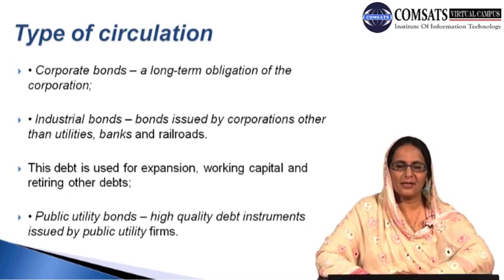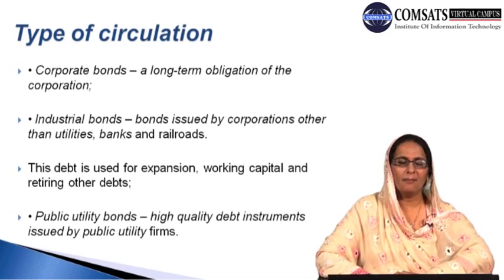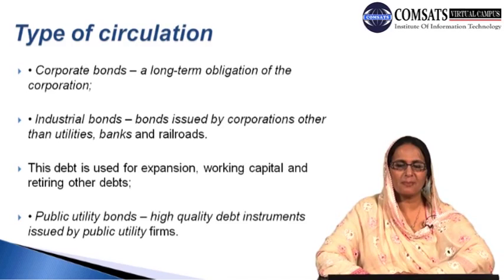Banks and utilities do not sell them; they are issued by the industrial sector, and this debt is used for expansion, working capital, and retiring other debts. So we can say that this type of debt is used for the expansion of the investment and of the working capital, that is, to purchase more capital and to retire the already existing debt.